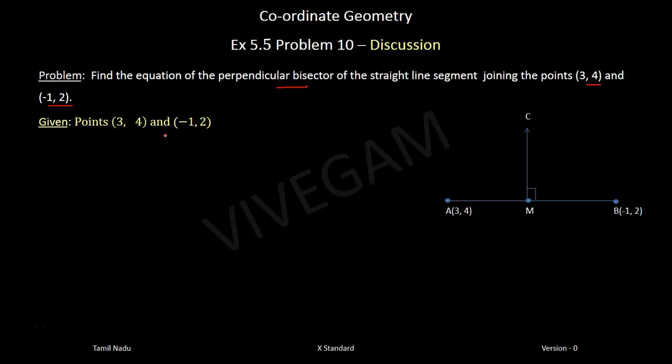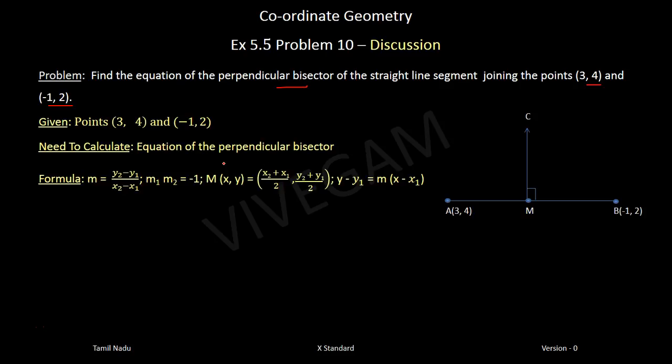Given two points, (3, 4) and (-1, 2). We are asked to find the equation of the perpendicular bisector. The slope of the line AB can be calculated using the two-point form, right? So this is x1, y1, this is x2, y2. Using these two points, we can calculate the slope of the line AB.